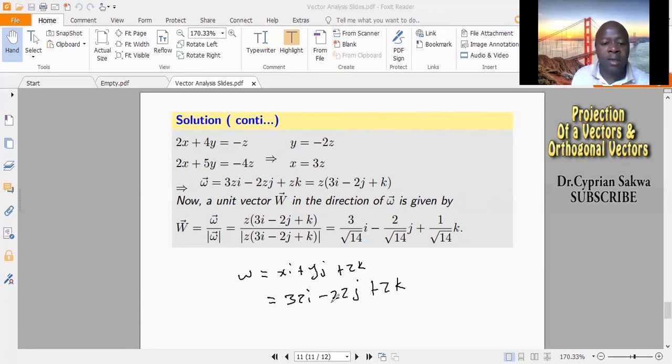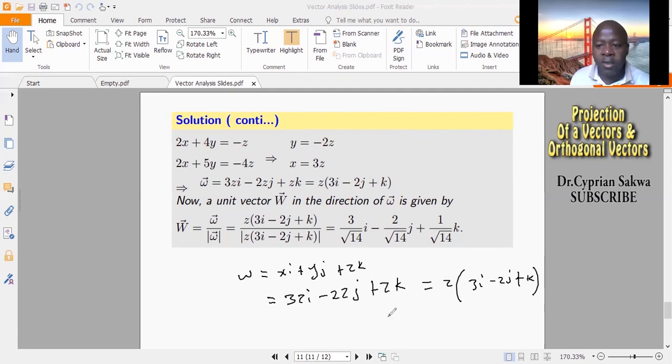This is omega, and that is what I had here. And this we can even factorize because z is common, and this will be 3i minus 2j plus k. So this is our omega.